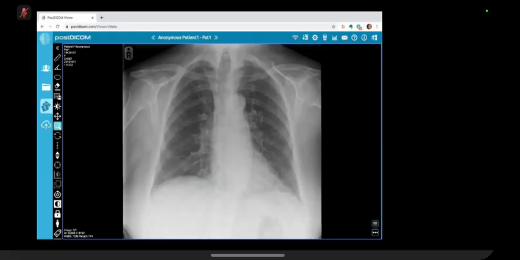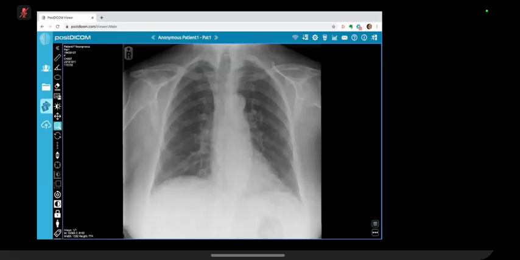Okay. So on this frontal chest radiograph, I think there is an area of abnormal increased reticular markings in the left lung base. The diaphragmatic contour there is also quite irregular.